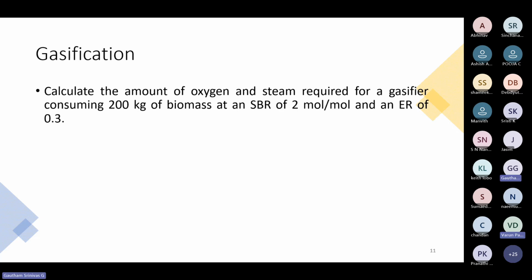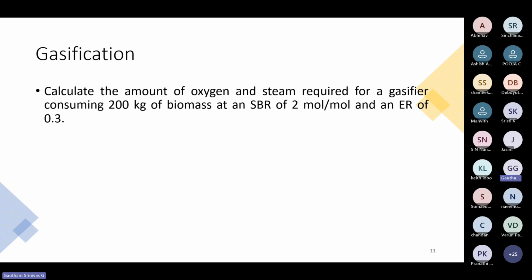You're right about the 1.05 part. 1.05 moles of oxygen are required to completely combust 1 mole of biomass. Sorry, it's 1 mole, not 1 kg. Forget that. 1 mole of biomass.